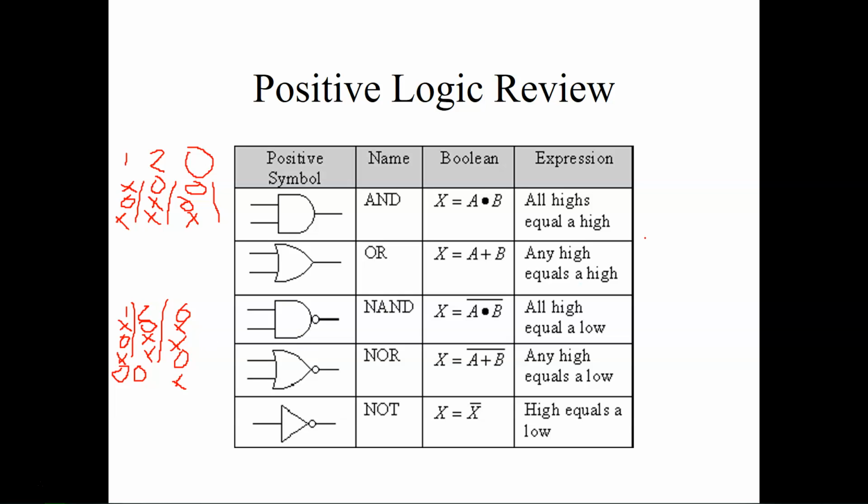For OR logic, if we're going to go back and do a truth table for OR logic, OR logic states that any input gives me an output.